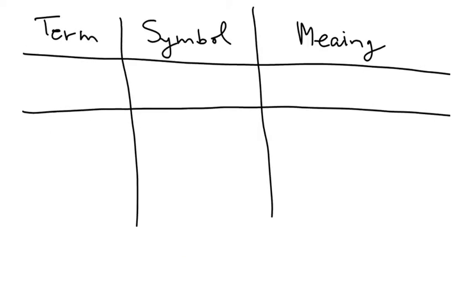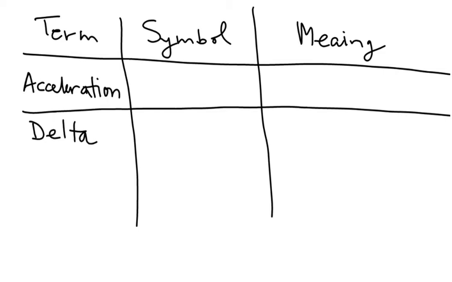The last two terms we're going to talk about tonight are acceleration and delta. Think about acceleration of a car. When a car is accelerating, a car is speeding up. But to have acceleration, something doesn't necessarily need to be speeding up.